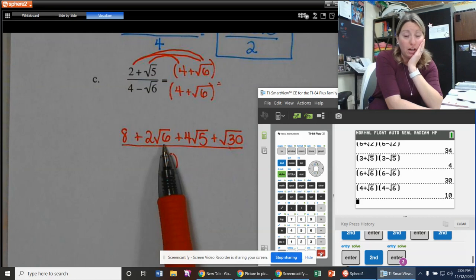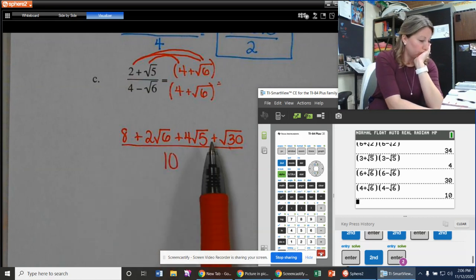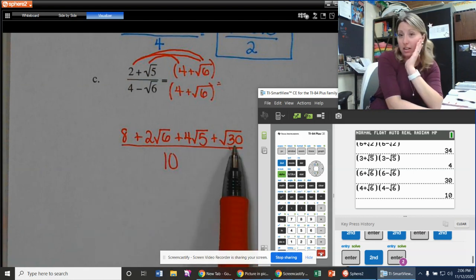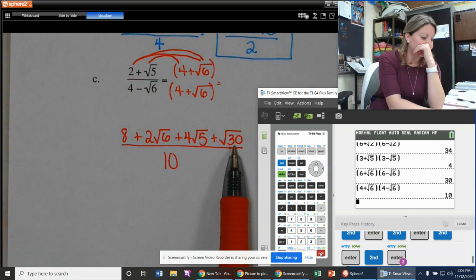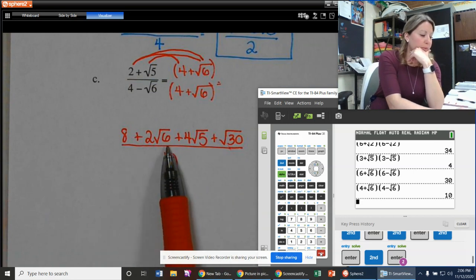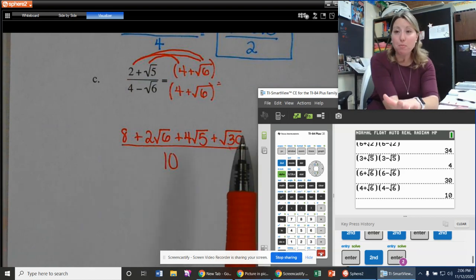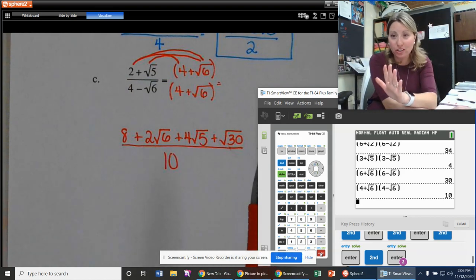Can't reduce, not divisible by any perfect squares. Nope, 30 isn't. Not the same, not the same, not the same. So now maybe I have coefficients, right?